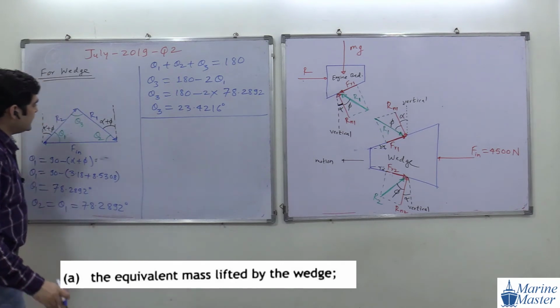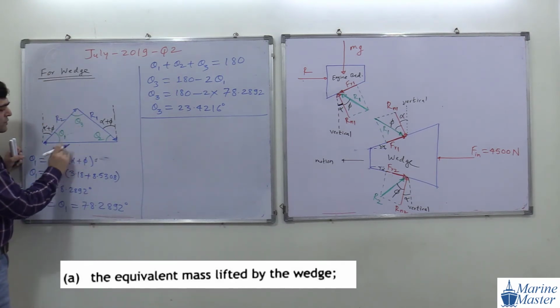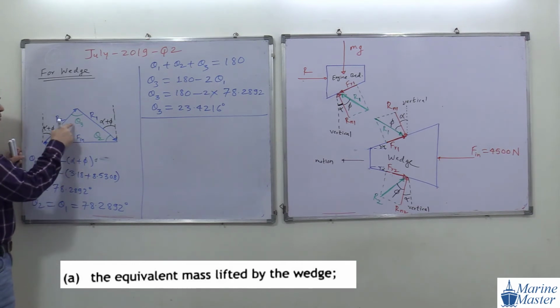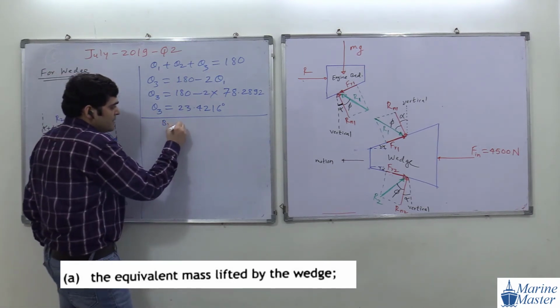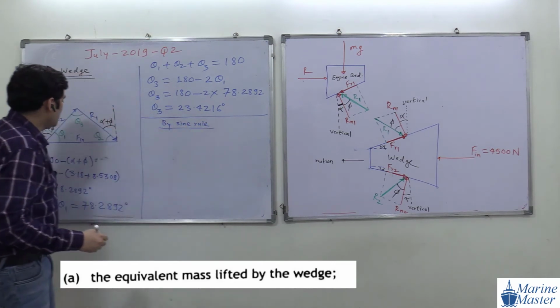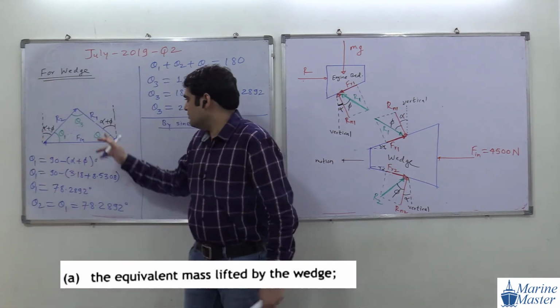Why did we calculate theta 3? Because see, F in is opposite to theta 3 in this force vector diagram. This is our F in. And R1 is opposite to theta 1. So what are we going to apply? The sine rule. We need R1.